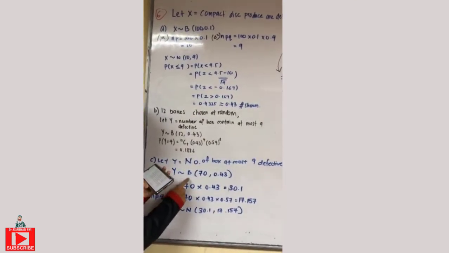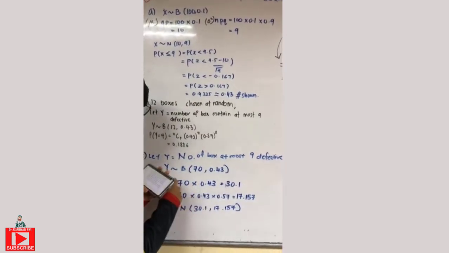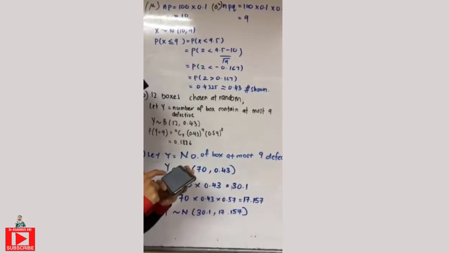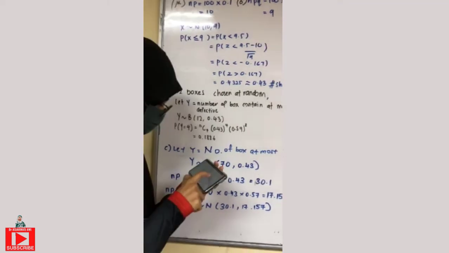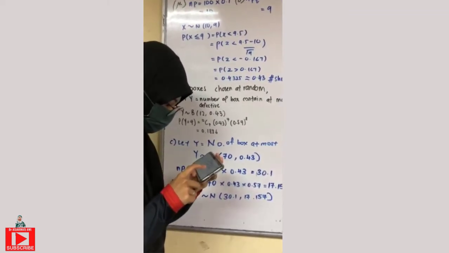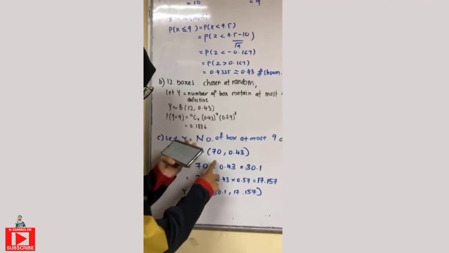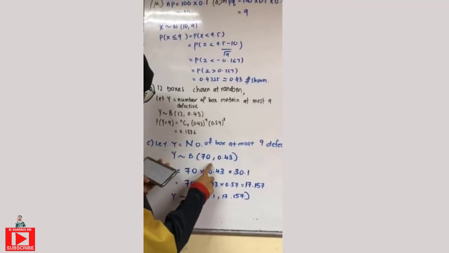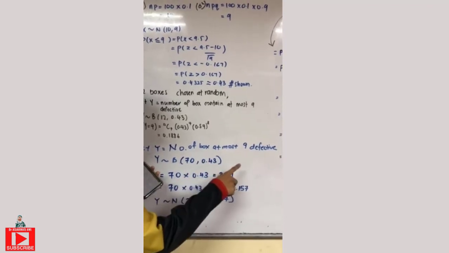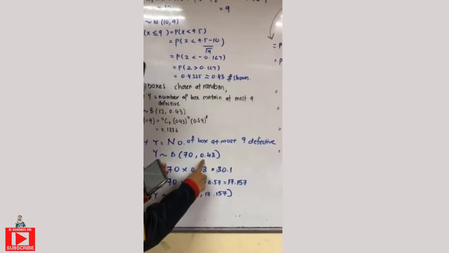Jadi Y binomial 70, dan probability untuk satu box defective adalah 0.43.